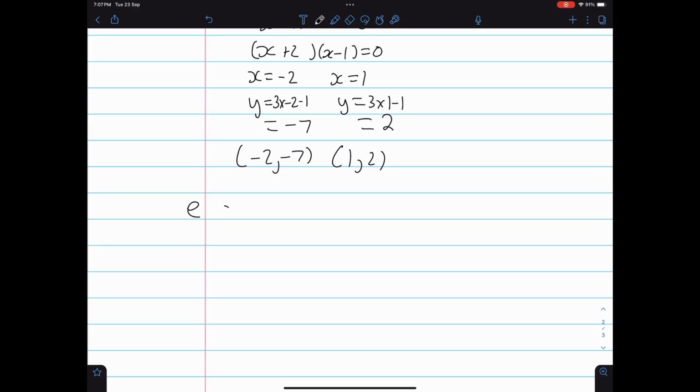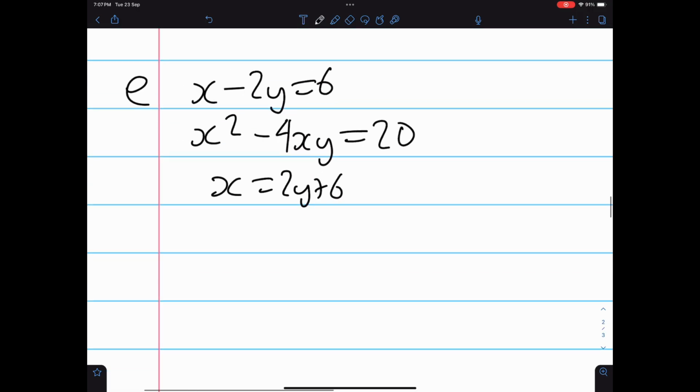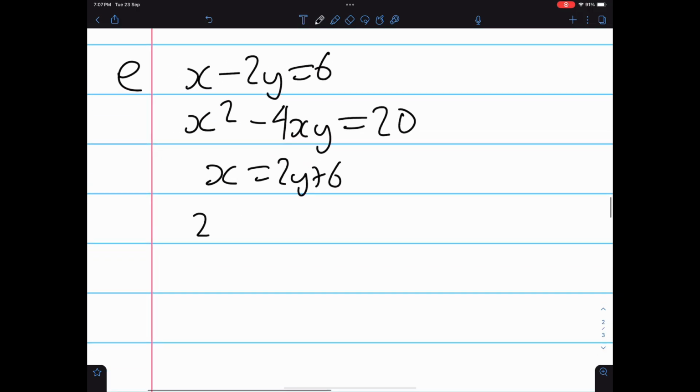E. x minus 2y equals 6. x squared minus 4xy equals 20. x equals 2y plus 6 by that rearrangement, and then we'll substitute that in for all our x's.